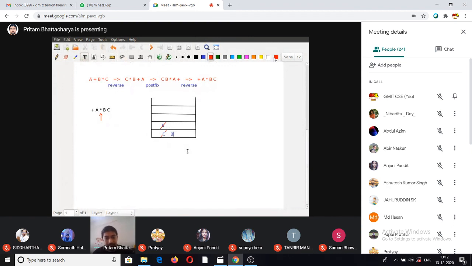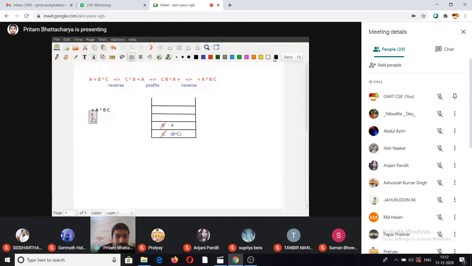So I evaluate B into C and I push that in. And then move one step to the left. So it's another operand, so I again push it.